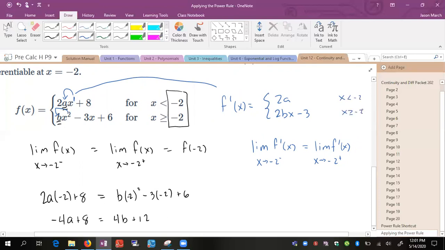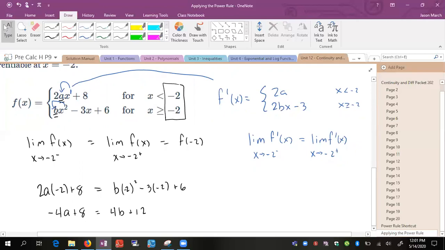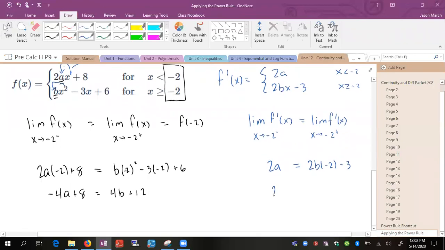So when I do the limit as x goes to -2 from the left, we get 2a. If we do the limit of f prime as it goes to -2 from the right, we get 2b times -2 minus 3. So we have 2a equals -4b minus 3.